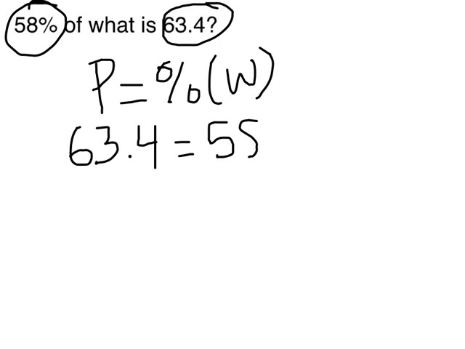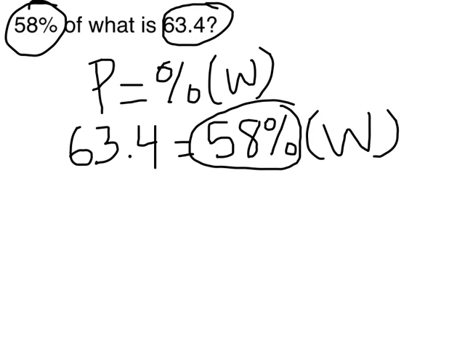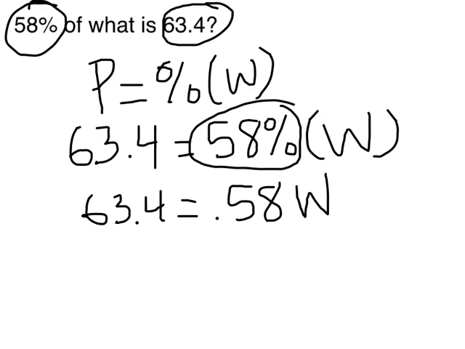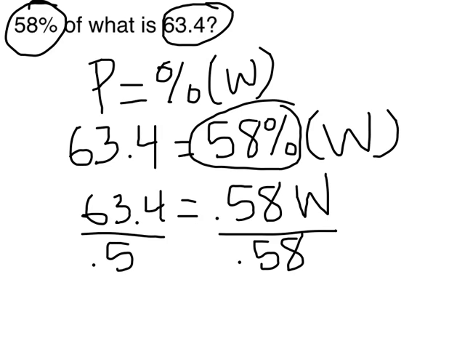I know my percent, so I'm going to fill that in. And now I just need to find my whole. Next step is to turn my percent to a decimal and go ahead and divide. So that becomes 0.58 W, and I'm going to divide both sides by 0.58.